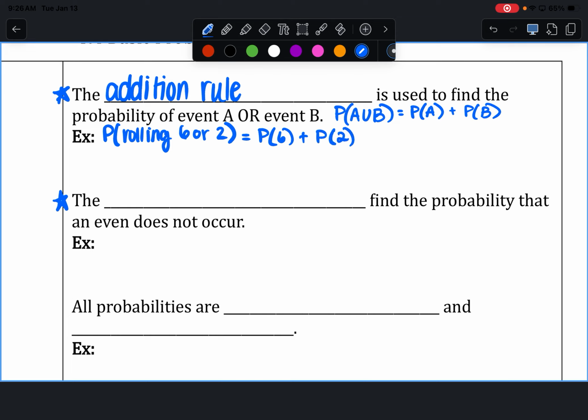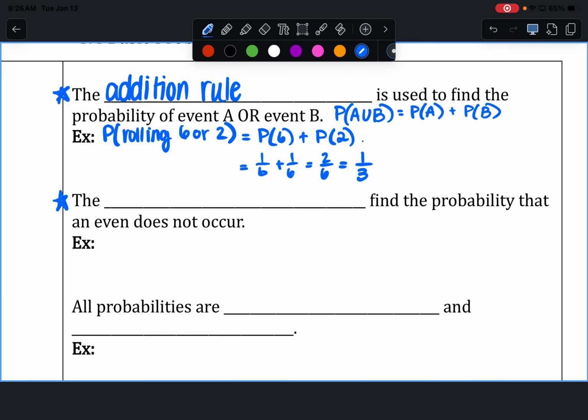What is the probability of us rolling a 6 on a dice? 1 out of 6. What's the probability of us rolling a 2? Also 1 out of 6. What is 1/6 plus 1/6? And we can simplify that to what? 1/3 or 33%. Okay? So by saying a 2 or a 6, it pretty much doubles our probability, right? Of doing either of them.